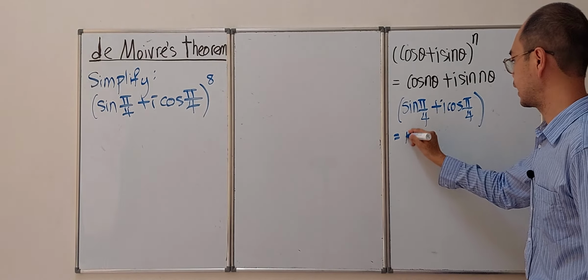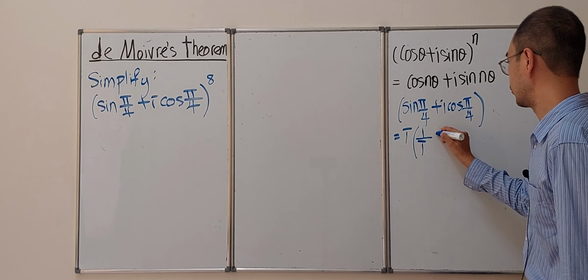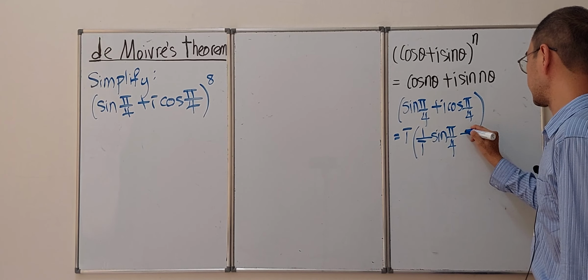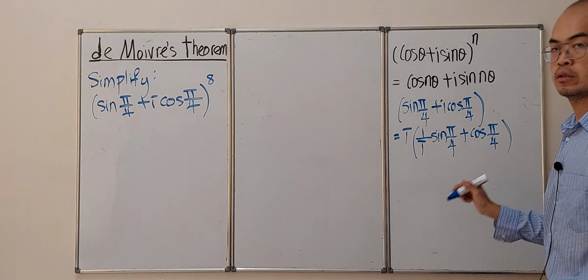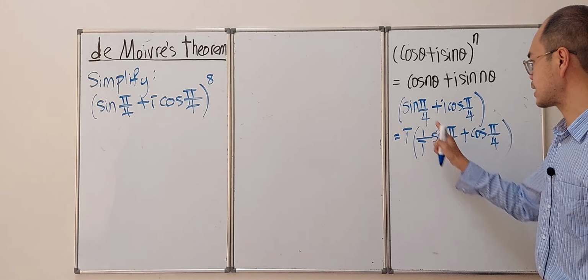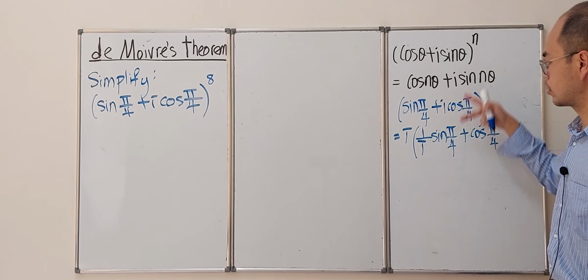So I factorize the I, so I will have 1 over I sine pi over 4 plus cos pi over 4. So I multiply by 1 over I, cancel off, you will get sine pi over 4 plus I cos pi over 4. These two are equivalent.